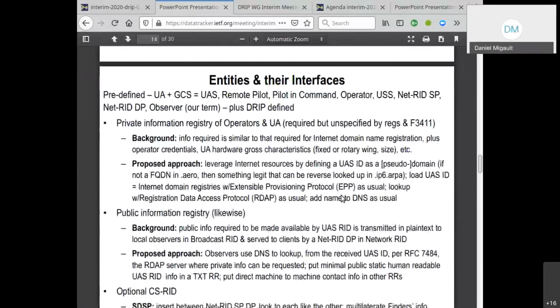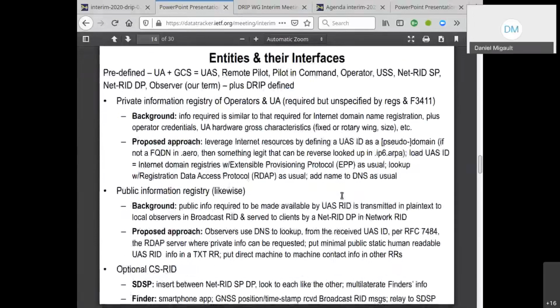This is unchanged. This is the list of entities, and most of the entities pre-exist. They are not things that DRIP is defining. Even the registries, we're just adding detail that is missing from the external standards. Everybody knows there need to be registries, but everybody has punted what those registries will look like, and what protocols will be used to put information into them and pull information out of them.